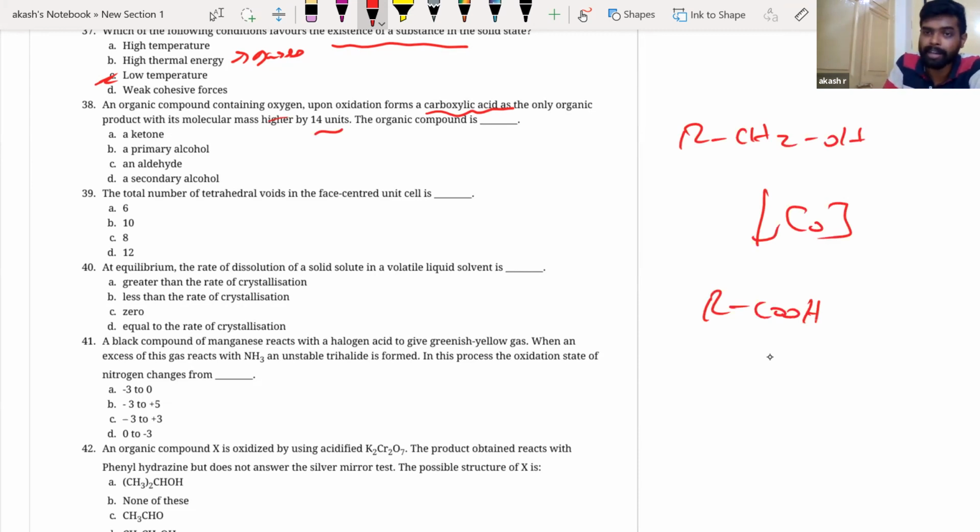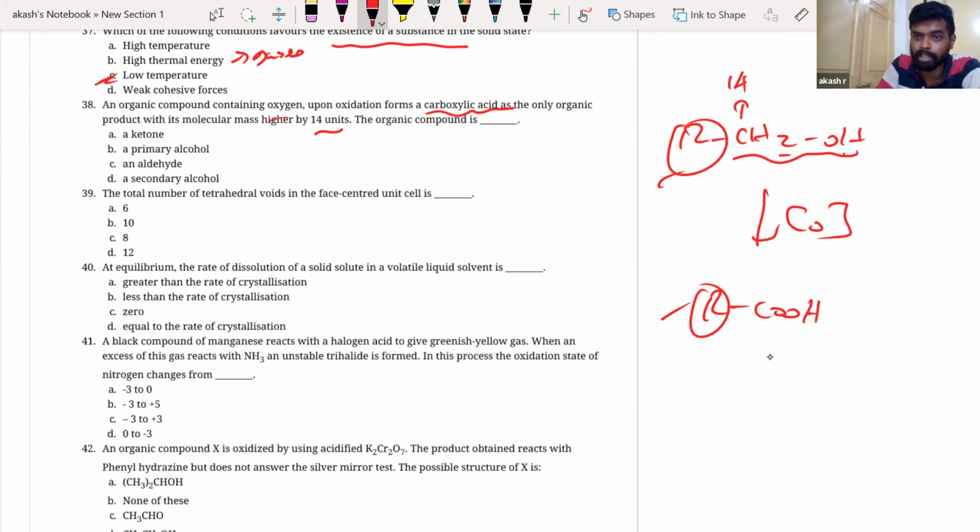Now this R is same. So the R is same. All I have to look at is what is happening here. If I calculate the molecular mass, it is increasing by 14 units, right? Okay, let me calculate the molecular mass.